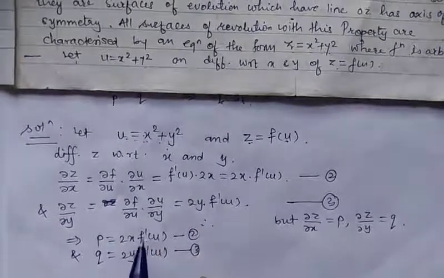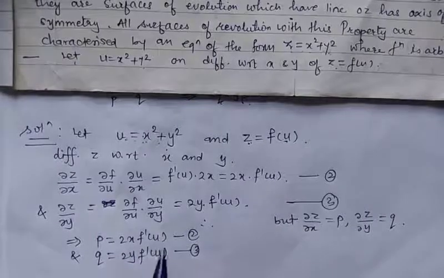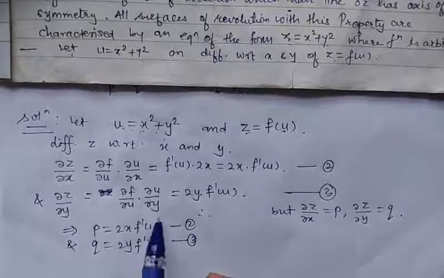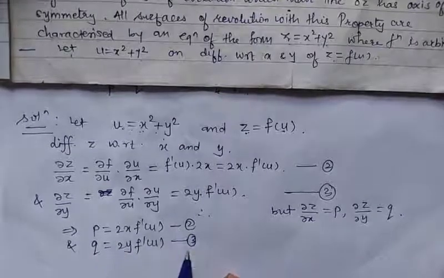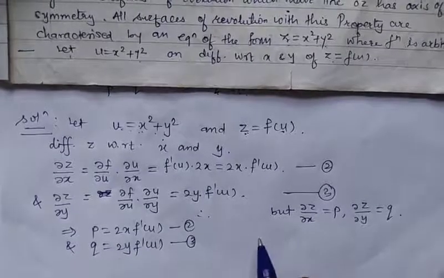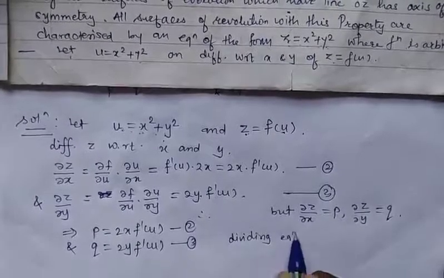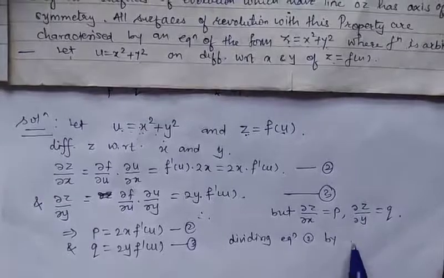Now to eliminate f dash u between these two equations, we divide equation 2 by 3.